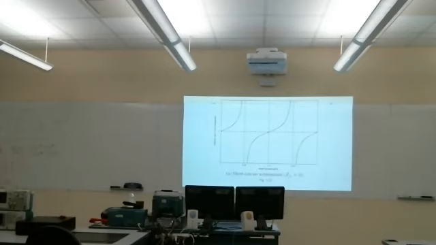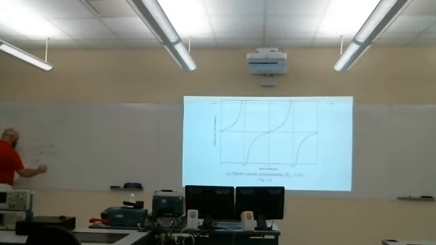The other thing I'm going to do to simplify this a little bit is multiply the numerator and denominator by e to the minus j beta L. When I do that, that gives me a 1 here, since e to the plus j beta L times e to the minus j beta L is e to the 0, or 1. The second term will then become gamma e to the minus j 2 beta L, and the denominator becomes 1 minus gamma e to the minus j 2 beta L.